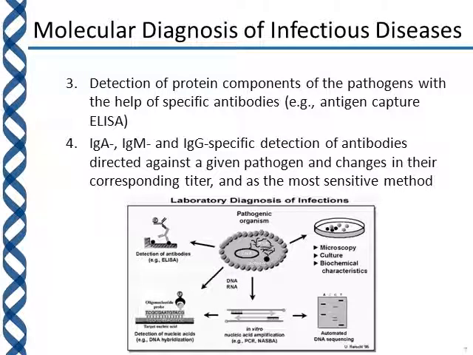For many diseases such as hepatitis or HIV infections, one looks for the presence of antibodies against the hepatitis virus or the HIV virus, as opposed to looking for components of the virus itself.